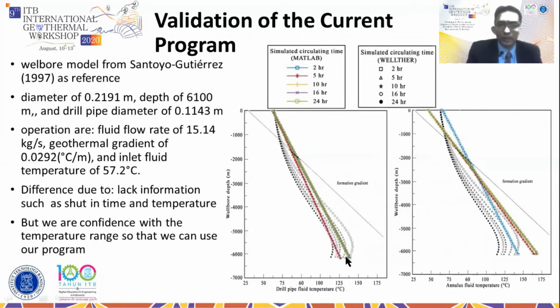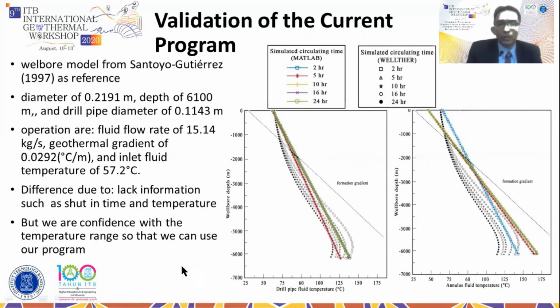And then the other straight line here is the formation gradient temperature. You can see the results are a little bit different. Our program and the Santoyo Gutierrez program are not exactly the same, but the temperature result is about the same.